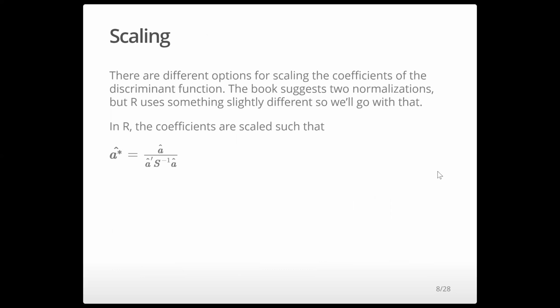The book has a couple of normalizations that are different from what R uses. This is what R uses. That's actually not right. That's from an older version. The correct version will be in the class slides later today. It should be the square root of A times S times A, not the inverse of S.